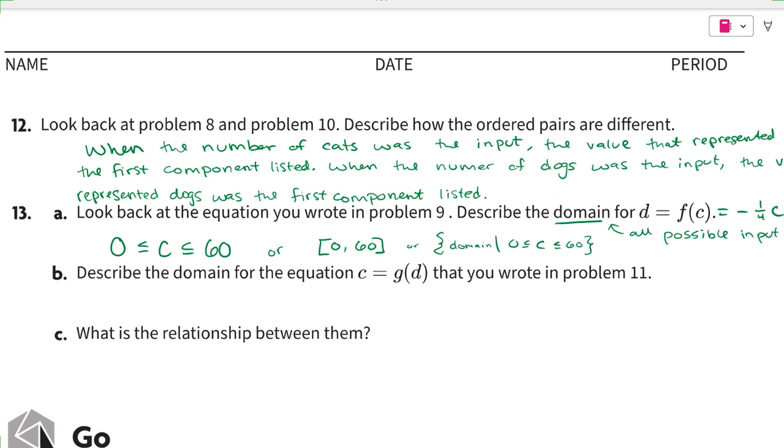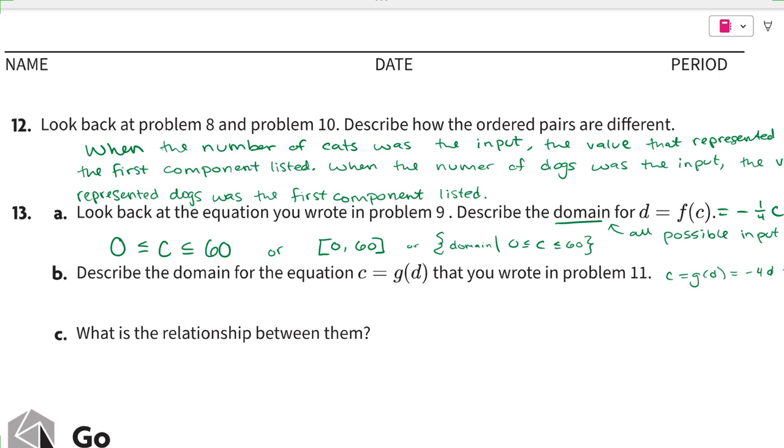So there's lots of different ways you can write it. But we are limited in how many cats we can have because of the size of the pen. So part B says, describe the domain of the equation C equals G of D that you wrote in problem 11. So remember when we did this one, C equals G of D. This time we had negative 4D plus 60.